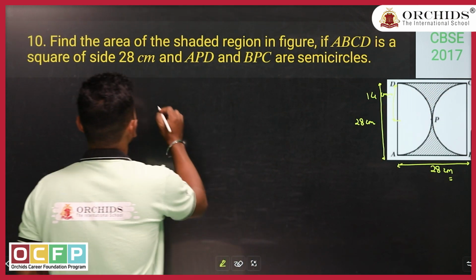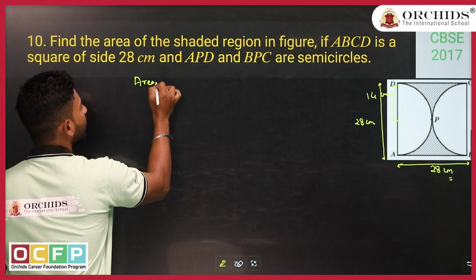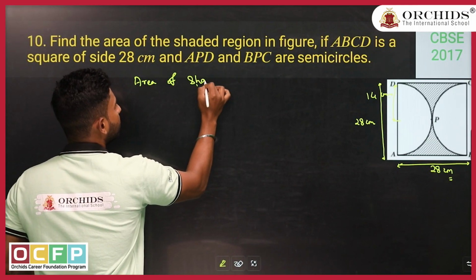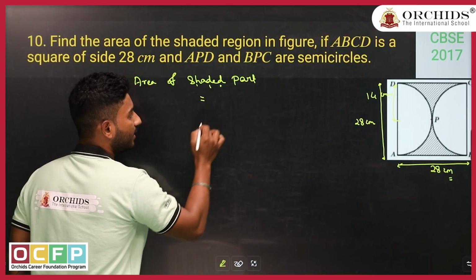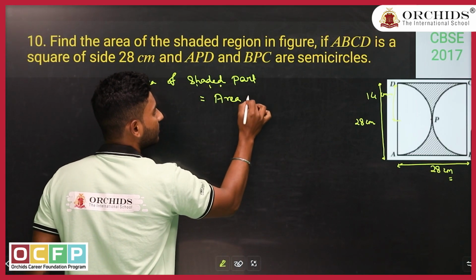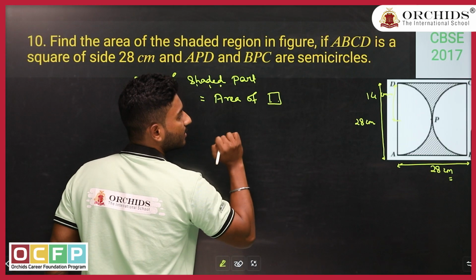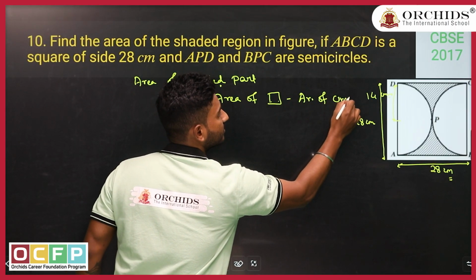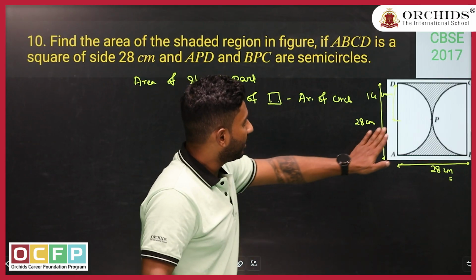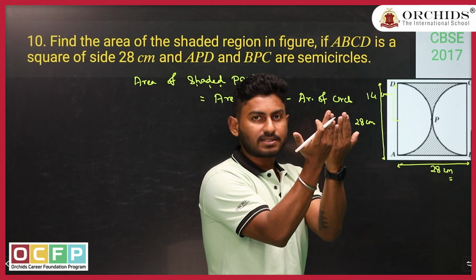Yes, we will get the answer. So area of shaded part will be area of square minus area of circle, the circle that you will get by combining these two. So one single circle you will get.